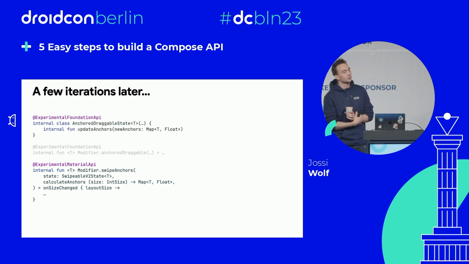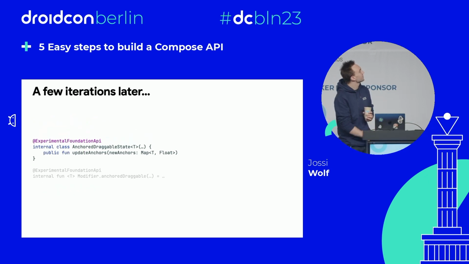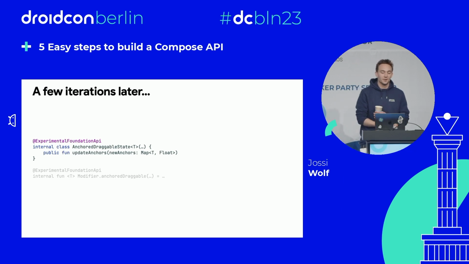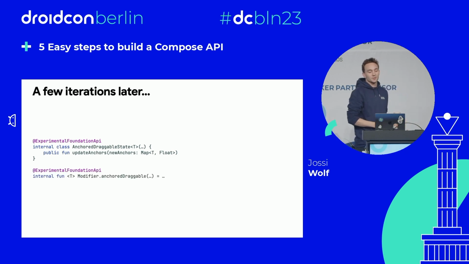If we take this internal fun update anchors, which was being called from modifier.swipe anchors, we make it public, we can just remove the modifier. So also, again, a really good lesson: if you find later on you don't need something, remove it, and a really good reason to experiment with code and sometimes hide it and keep it internal. So we finally ended up with anchored draggable state and modifier.anchored draggable, which is where we are now.